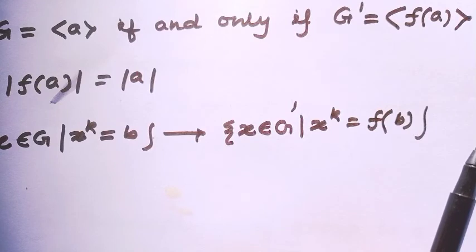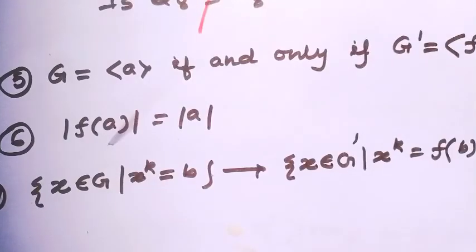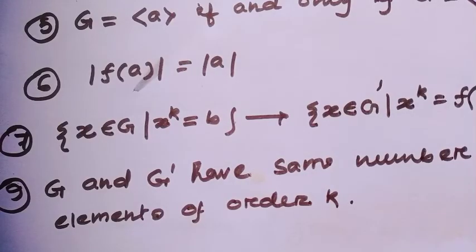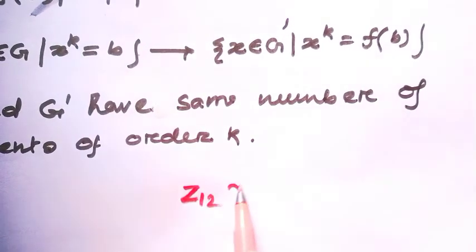That means the number of kth roots in each group is always the same. And the ninth and last property is, G and G prime have the same number of elements of order k. And these are all the properties of isomorphism. Well, now my question: is Z12 isomorphic to D6?